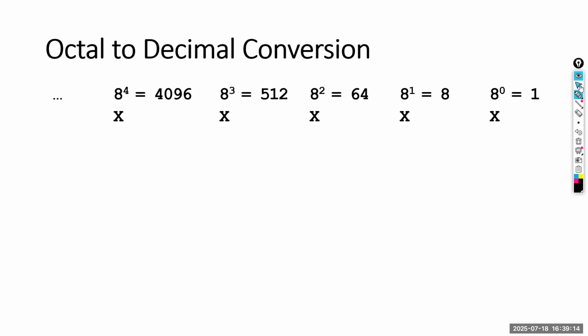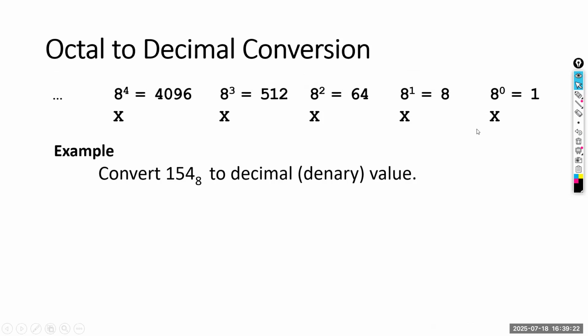So now you should be able to convert an octal number into base 10. Let's take an example. See, this is not 154. This is 154 in base 8. So how do you convert this to base 10? This is 8 to the power 0, 8 to the power 1, 8 to the power 2.